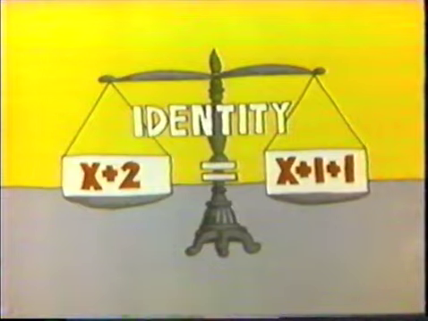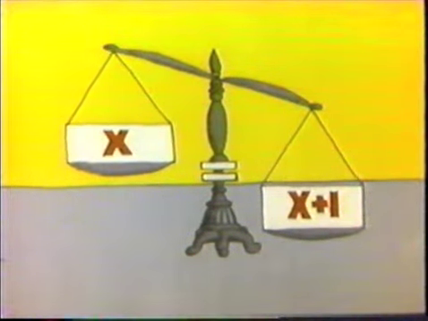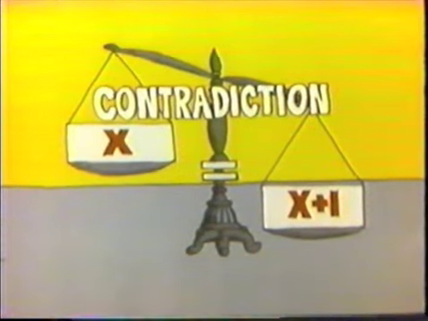But the equation x equals x plus 1 is always false, regardless of what number we replace x with. An equation which is always false is known as a contradiction.